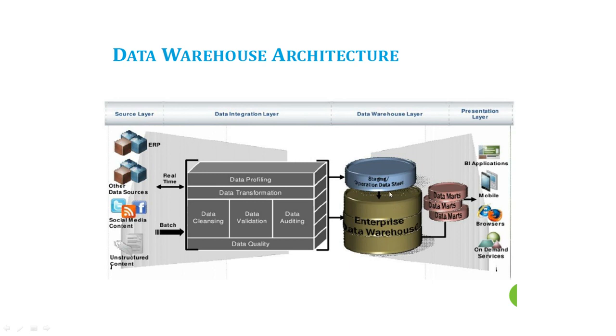In the enterprise data warehouse, the data is divided into three layers, and then by using views, we can create the data marts. Using data marts, we have different types of presentation layers: BI applications, mobile users, browsers, and on-demand services. This is the architecture of the data warehouse we have.